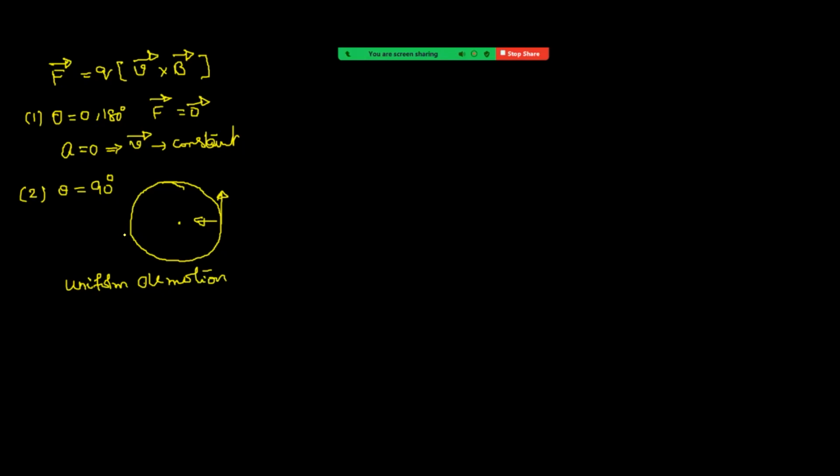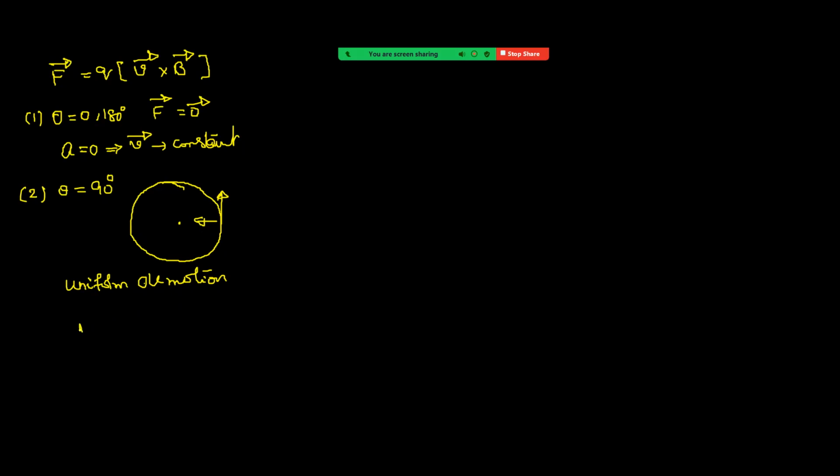So when angle is 90, path will be a circle. It is uniform circular motion because speed is constant. And whenever path is a circle, first we have to focus on who is providing centripetal force. So here the only force is magnetic force. Therefore, magnetic force provides centripetal force.